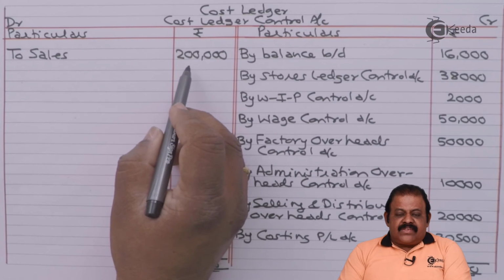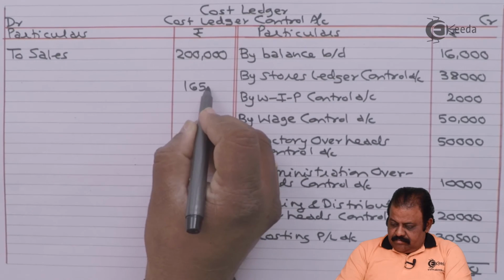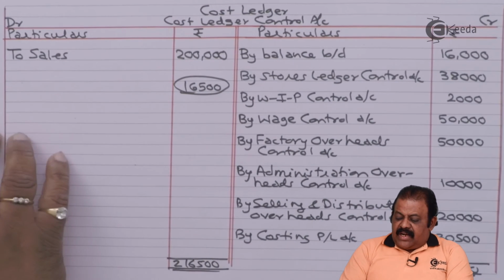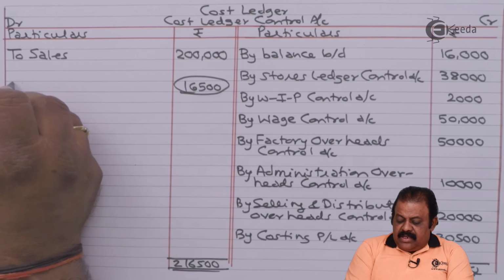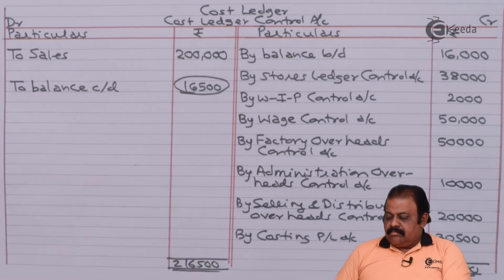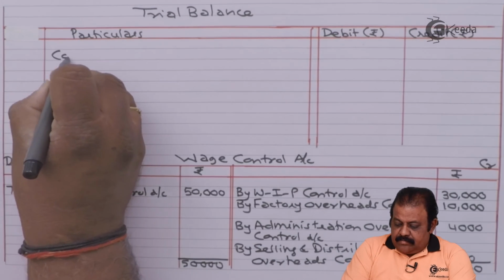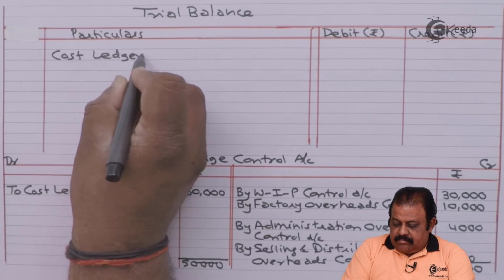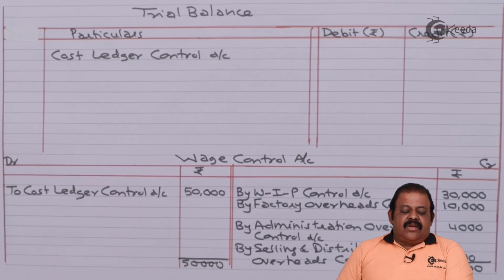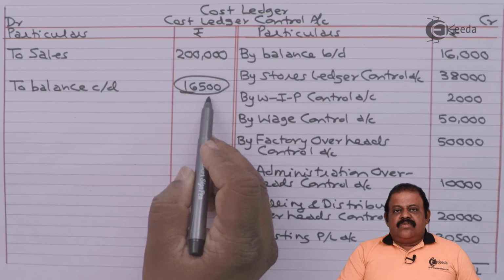Debit we have 2 lakhs, we can get a balancing figure, 16,500. This will be transferred to trial balance. Trial balance, cost ledger control account, 16,500.